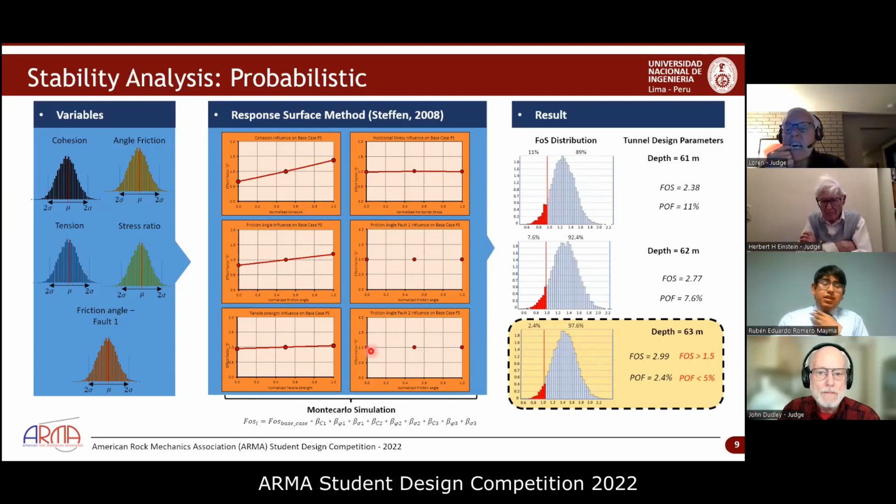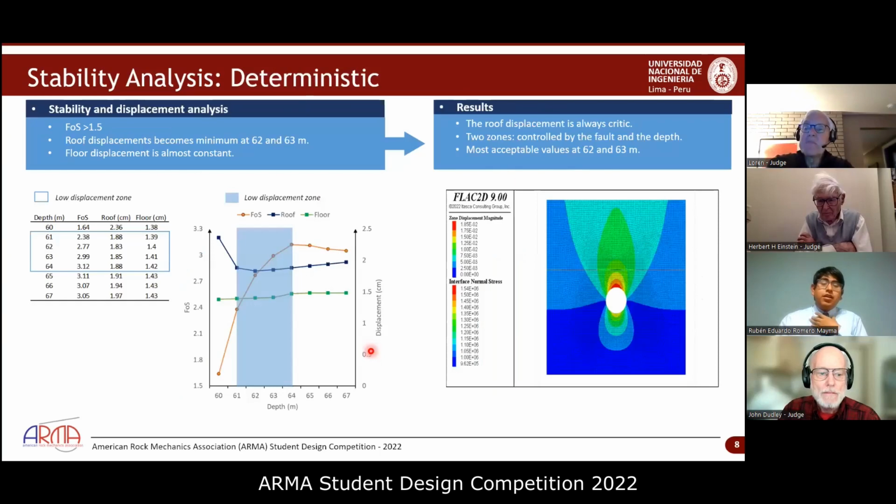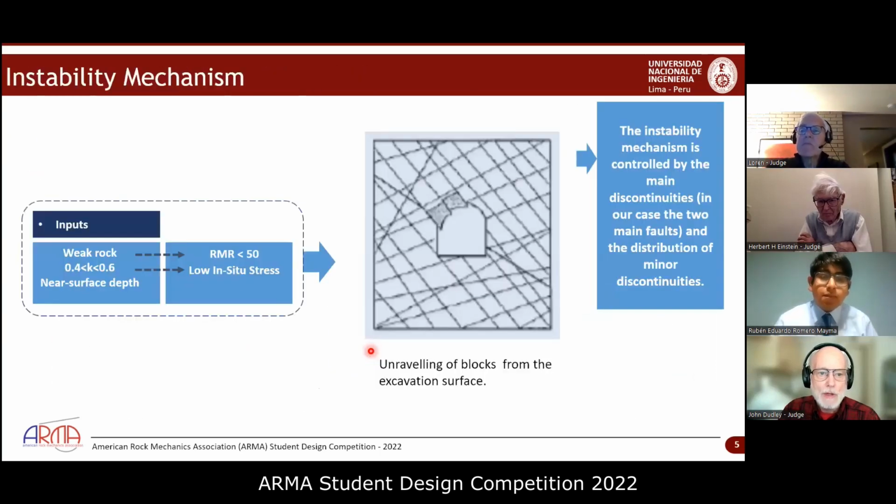The slippage along the fault? Yes, that was one of the criteria of this problem statement.